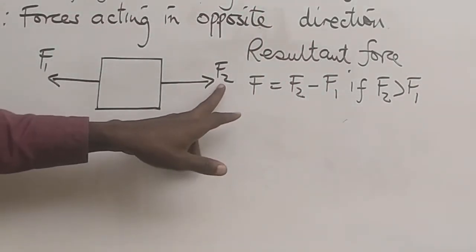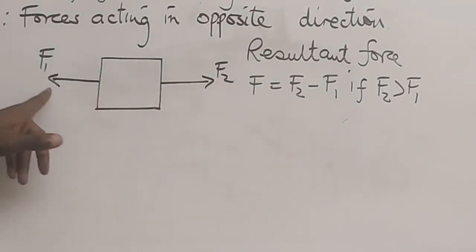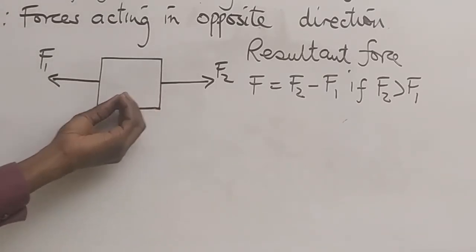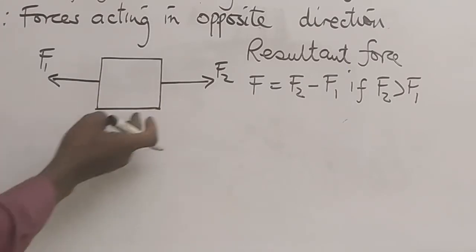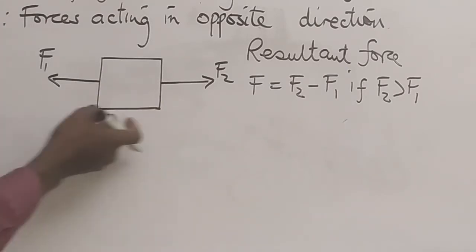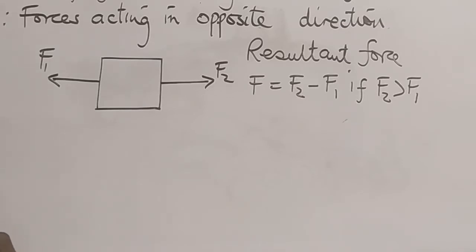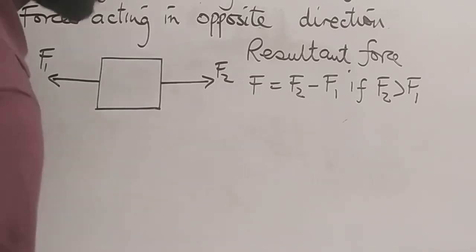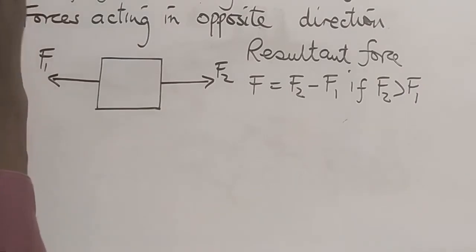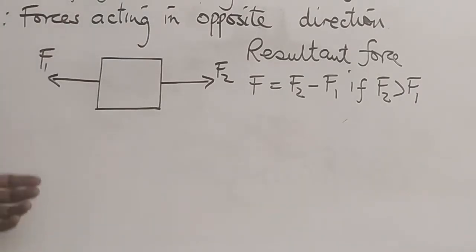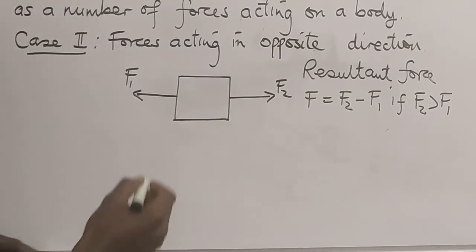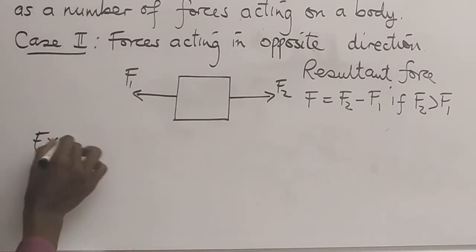So you get the bigger one minus the smaller one. Now if the bigger one is on this side, you are going to end up with a negative answer, which tells you that the body will be moving in the negative x direction. Though, like I told you, we are using the first way of explaining. We can always just take the bigger one minus the smaller one. That's all.